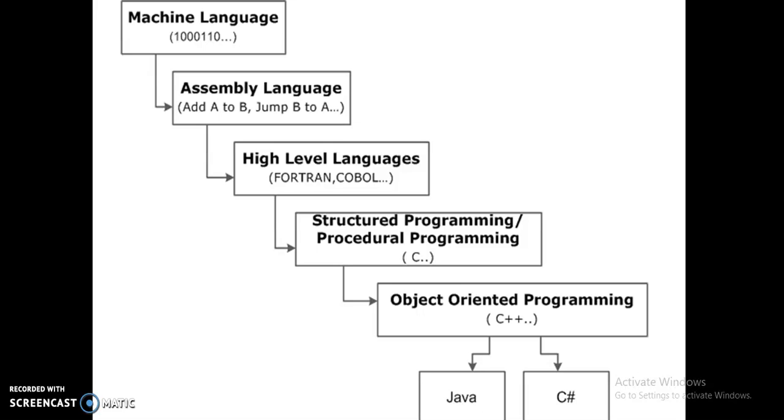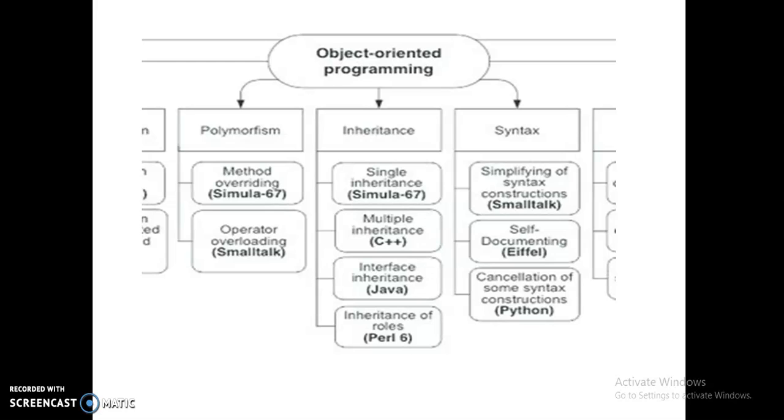Object-oriented languages are C++, Java, C#, Python and .NET. Some other examples of object-oriented programming languages: Smalltalk, Eiffel, Python, Perl, Java, C++, Simula 67 and Smalltalk, etc.